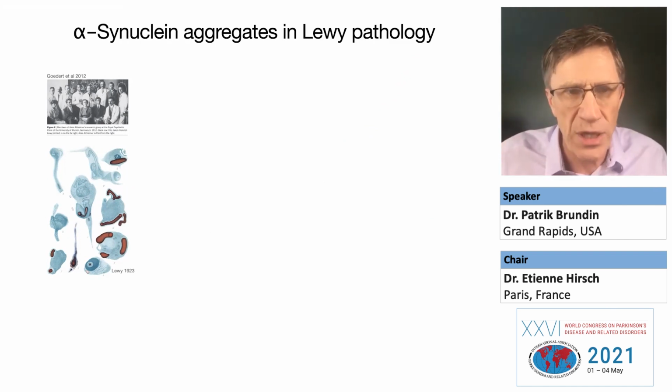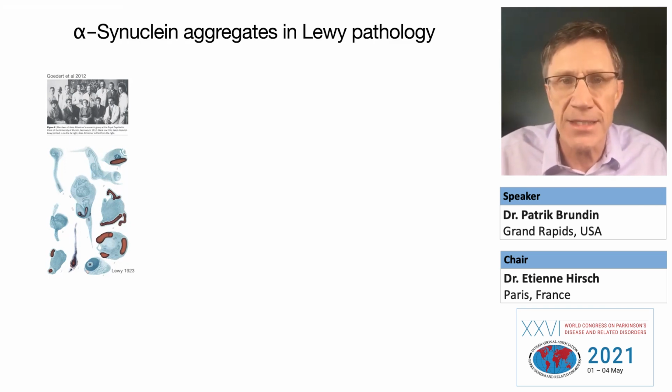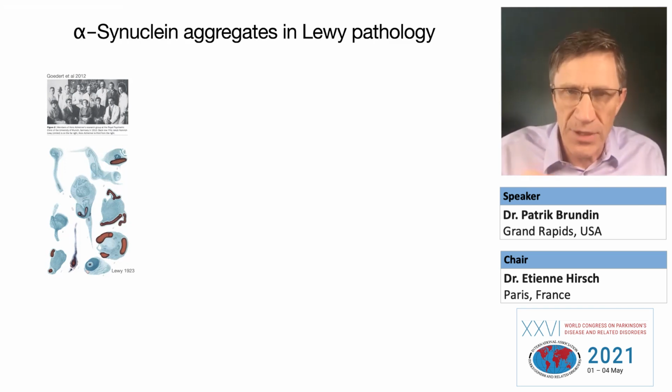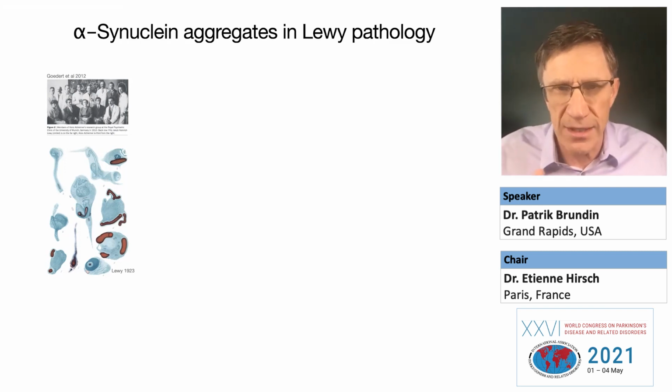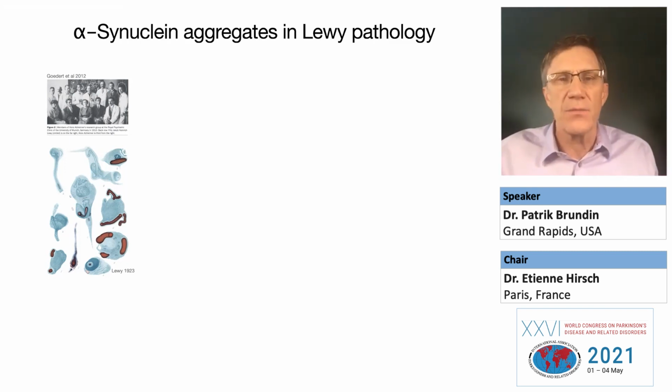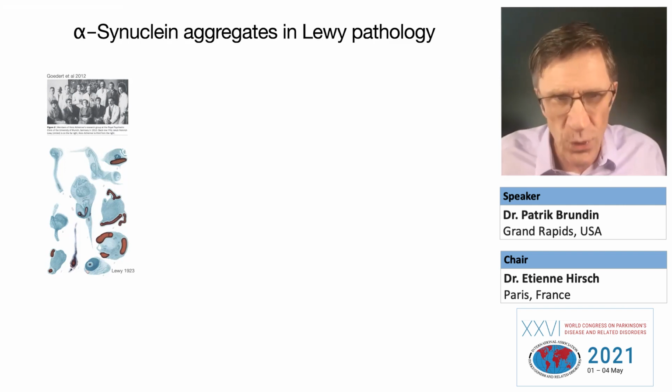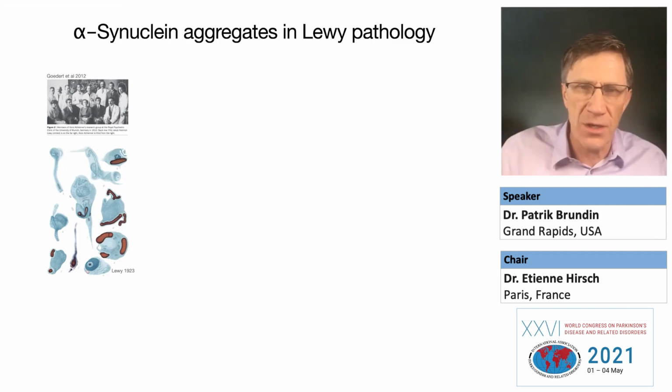And you see a drawing there from a publication he had in 1923. He described these, and they came to bear his name. Now, these were done with standard histological staining. Nobody knew really what they contained, so these hyaline inclusions.